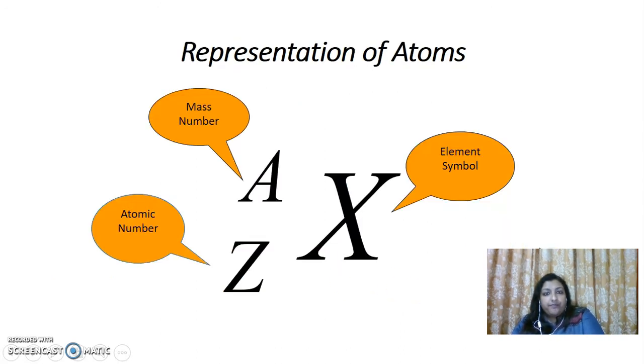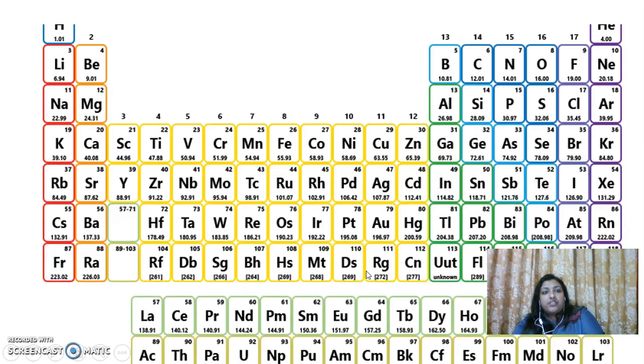Moving ahead, this is your periodic table wherein your elements are placed, and you can see there are a lot of numbers over here. As each element proceeds from the left to the right, you can see the number on the top, 3, 4, 5, 6 and so on.